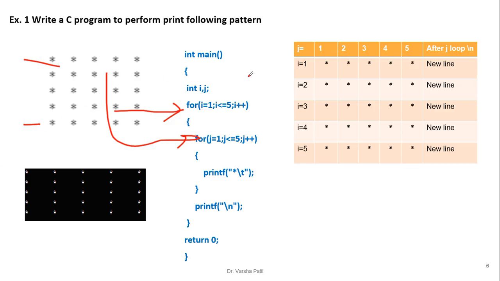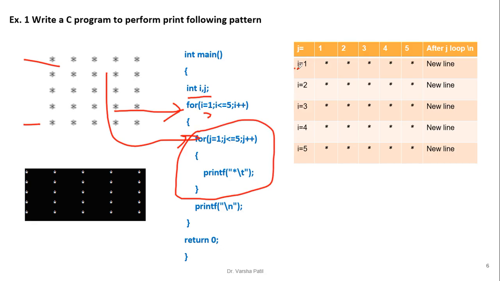Now see how the program works. We have declared the variables i and j. i is the outer loop, so i becomes 1. 1 less than 5, yes, it will come into the loop. Now it will first completely execute the inner loop, which goes from j equal to 1 to 5.